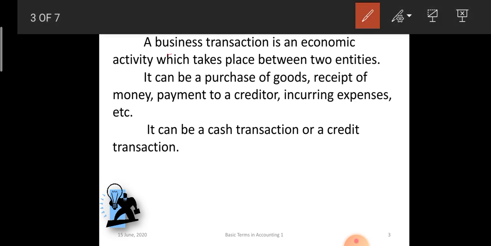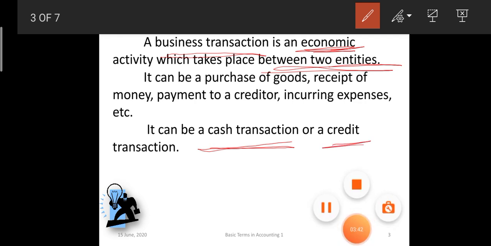Okay, so a business transaction is an economic activity which takes place between two persons or two entities. A business transaction can be a cash transaction or a credit transaction. The transactions can be further classified into internal transactions and external transactions, which we will discuss later on.